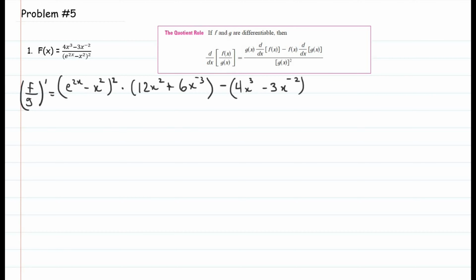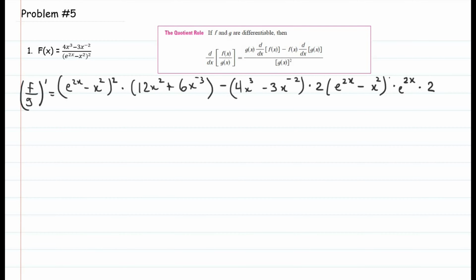So in this case we have to take the chain rule, so this gives you 2 times e to the 2x minus x squared. Now we have to take the derivative of inside the parentheses, and derivative of e to the 2x is just e to the 2x times the derivative of 2x, so this gives you 2.